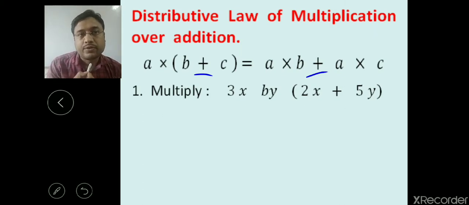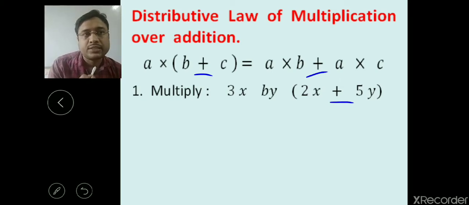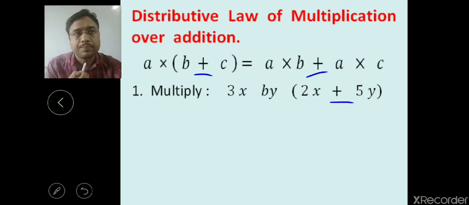So according to the rule of distributive law of multiplication, what should be done here is that 3x will multiply with 2x, and then you will write plus in between, because the sign in between is plus only, and after that this 3x will multiply to 5y.